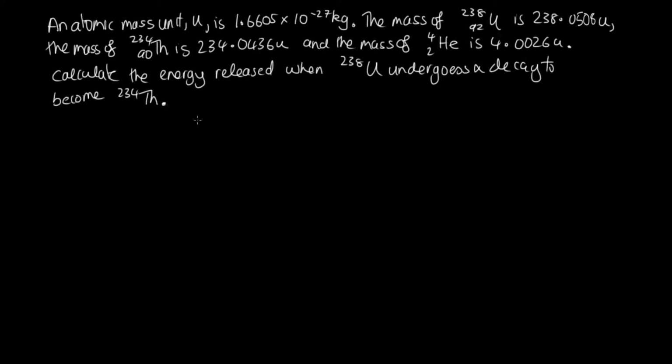So the first thing we need to do is write down the equations for what's going on. So we've got uranium-238. Now because it's uranium, it has an atomic number of 92 and it's decaying into thorium-234. Thorium has an atomic number of 90 plus the helium.